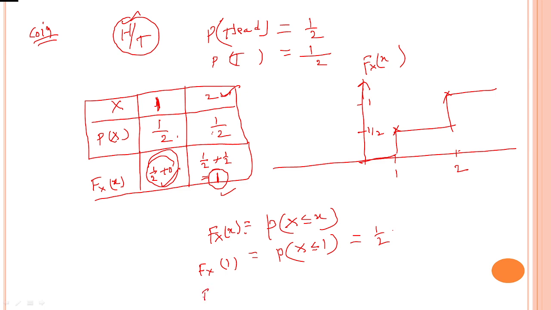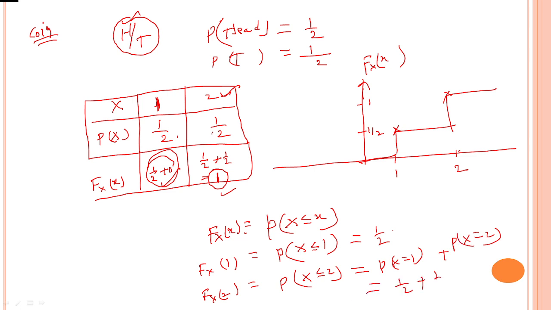So similarly, F x of 2 is equal to probability of x less than or equal to 2. It means, what are the values less than 2 in the random variable outcome? P of x equal to 1 plus probability of x equal to 2. So one value is 1 by 2 plus 2 value has probability 1 by 2, equal to 1.